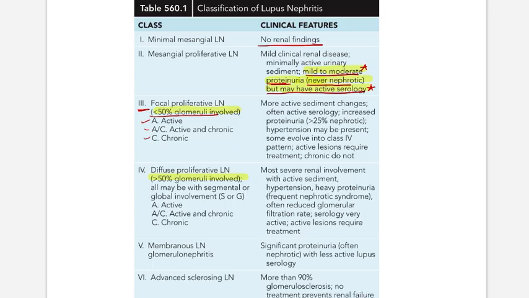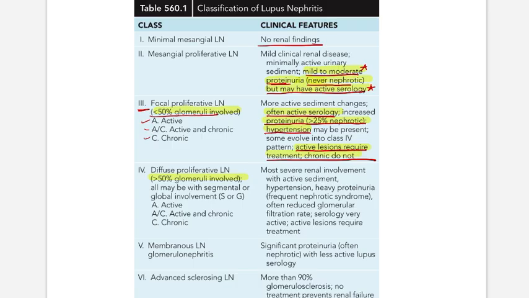These three or four statements are very important: often active serology, proteinuria more than 25% nephrotic, hypertension present, active lesions require treatment, chronic do not. So this is focal proliferative lupus nephritis.